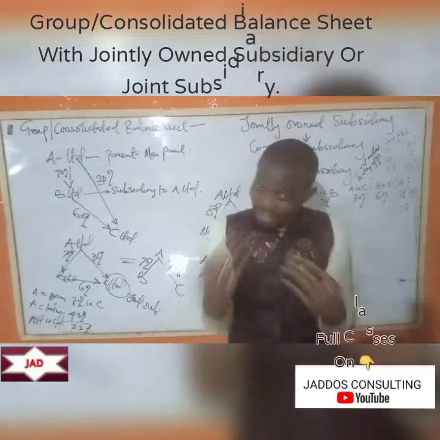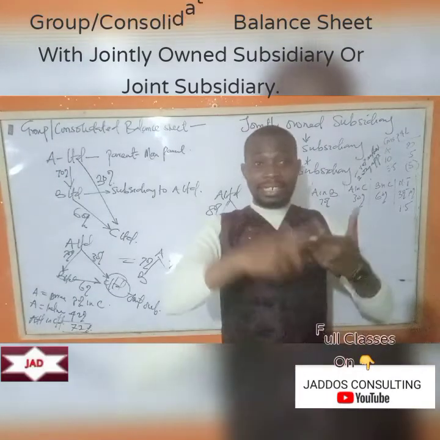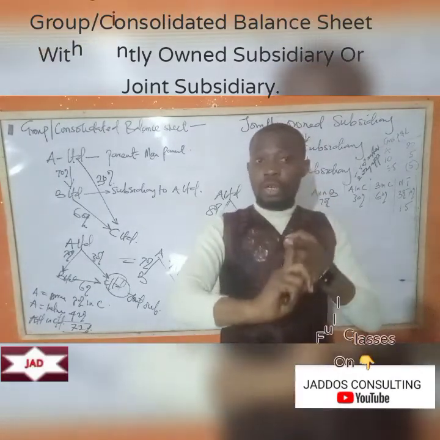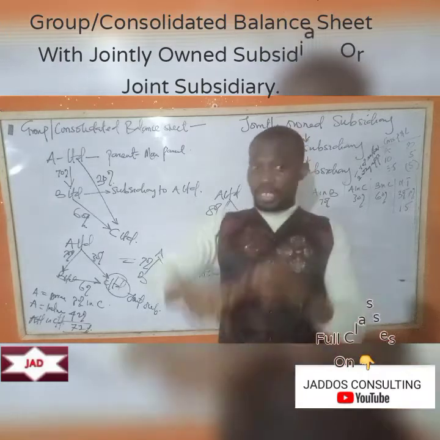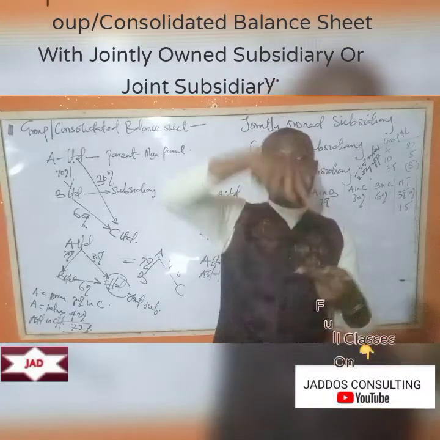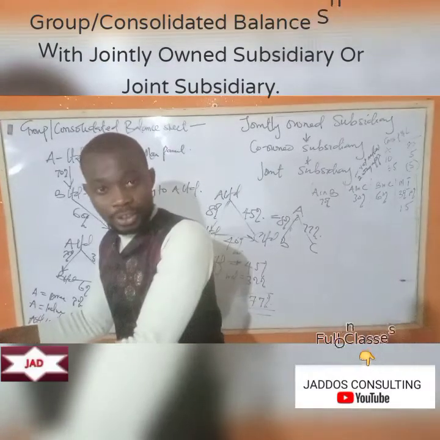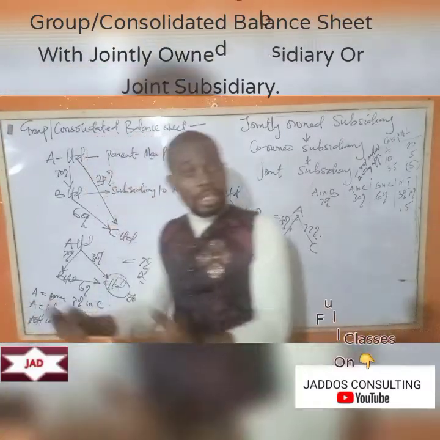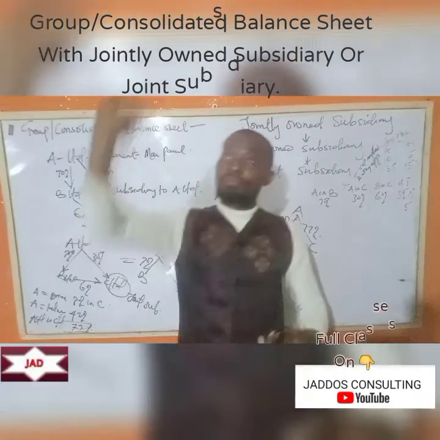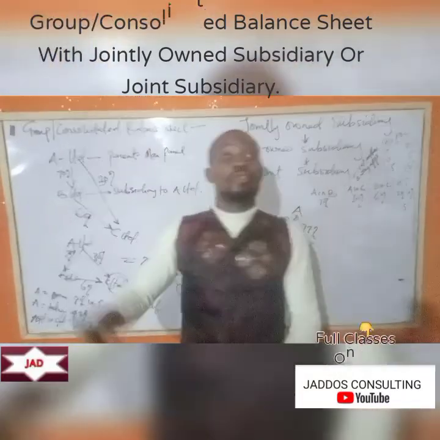What I've just simply said here is that there is a company that is a holding company. The company has a subsidiary. Now, the holding company and the subsidiary both have shares in another company. Okay? Now, it is possible that either of the holding company and subsidiary can have controlling units.